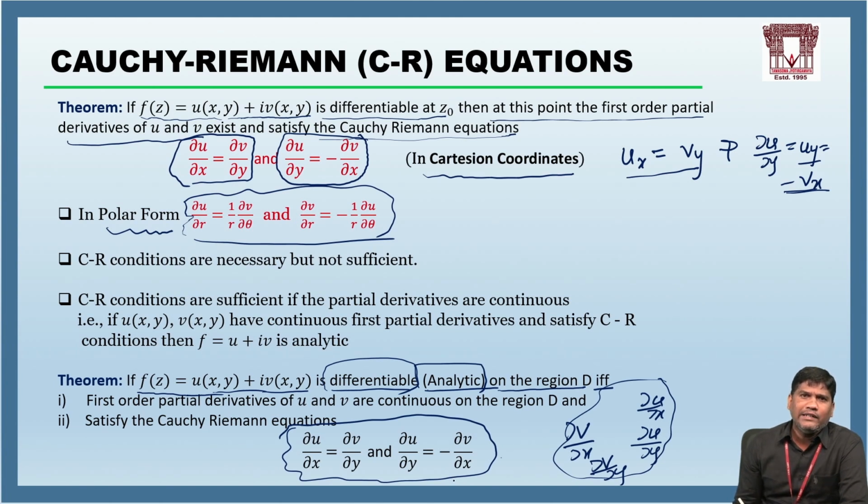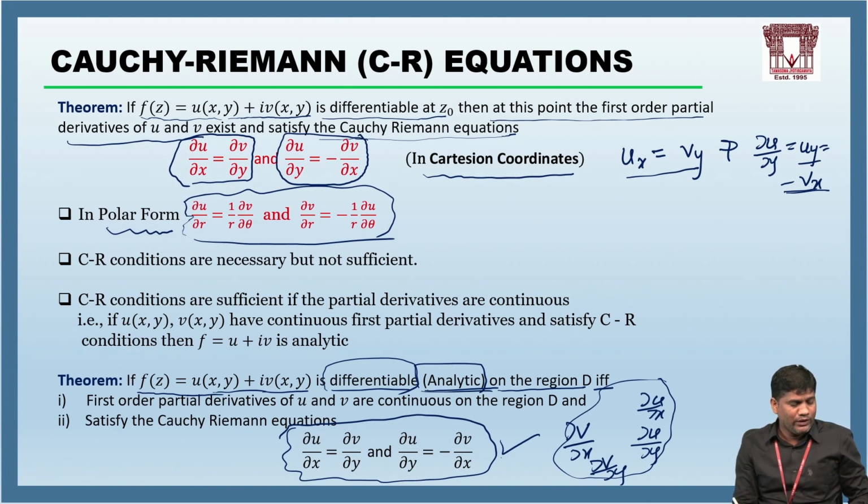After finding them, we have to find the first order partial derivatives. If the first order partial derivatives are continuous, and u and v satisfy the Cauchy-Riemann equations, then we can say the function is analytic.